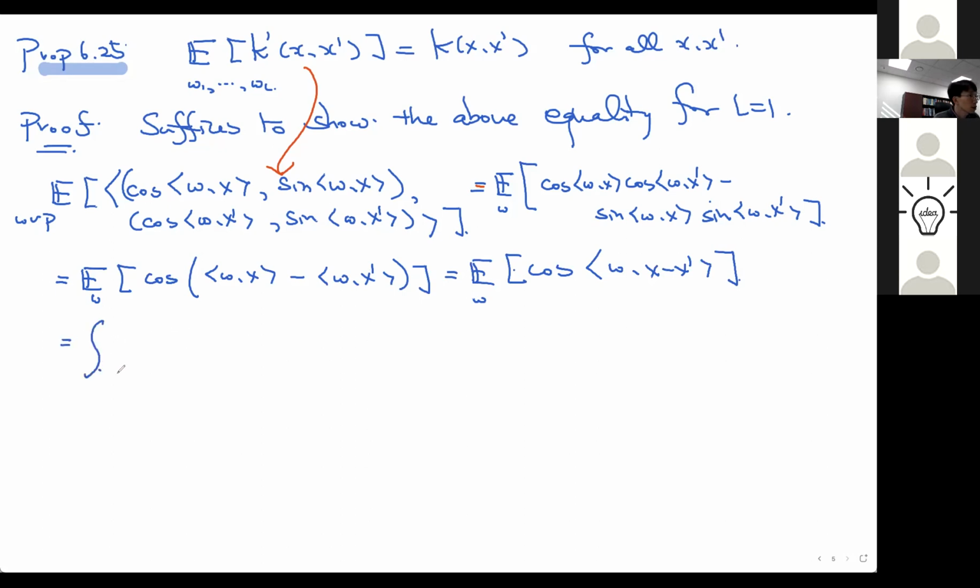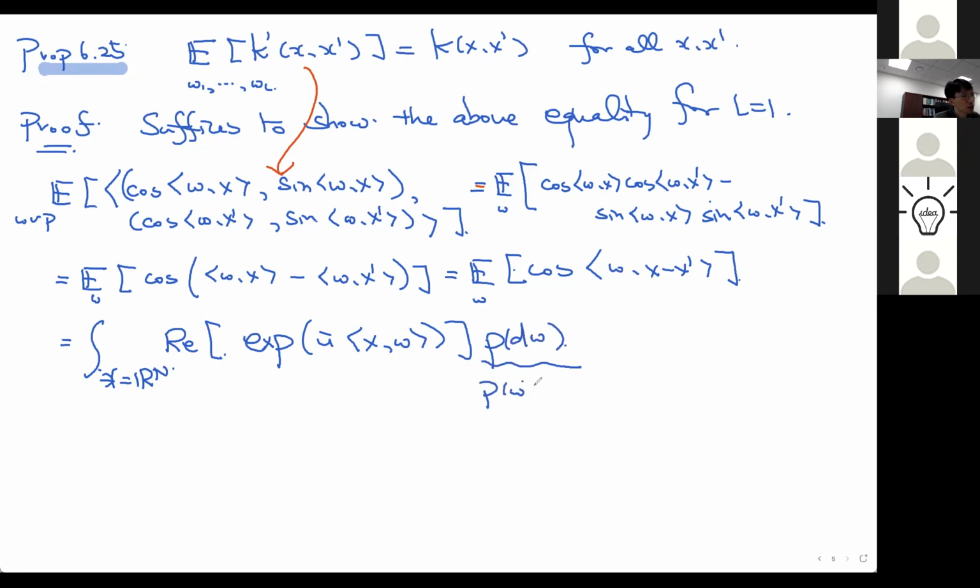This is the integration of the real part of this exponential function, and we integrate with respect to p, or you can think of this as p of w dw.